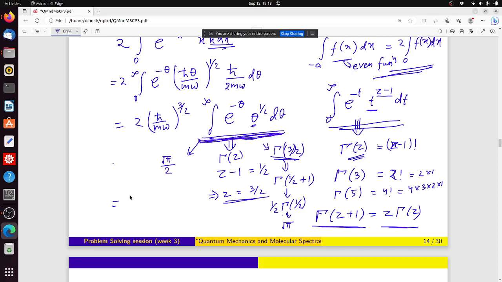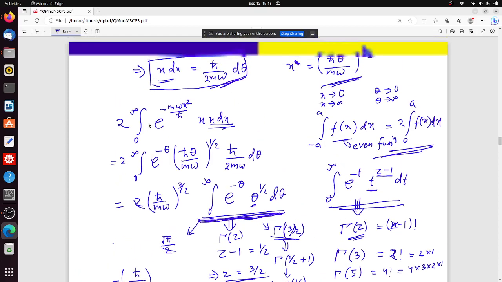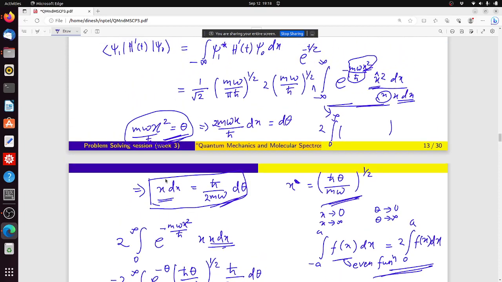So effectively what I am getting, the 2 I can cancel actually. So it's h cross by m omega. The 2 was already cancelled previously. The 2 m omega was here, in the integration part.